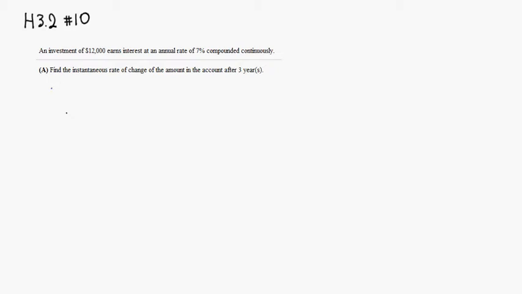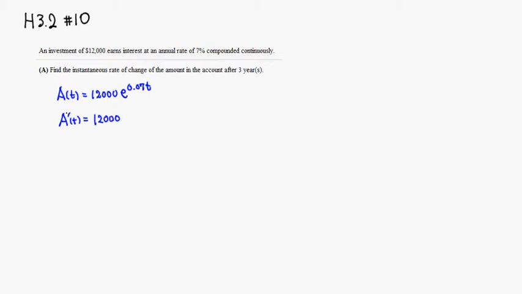Alright, so let's see, the amount after t years, A of t, is going to be 12,000 times e to the 0.07t. Alright, so let's take the derivative of this. 12,000 is just a constant, put that there.